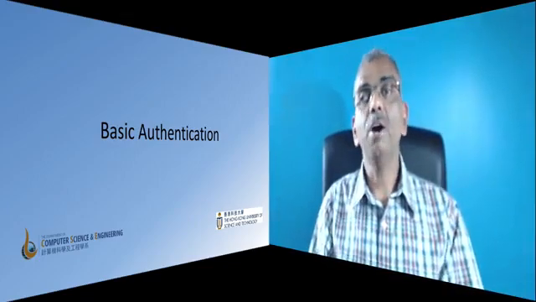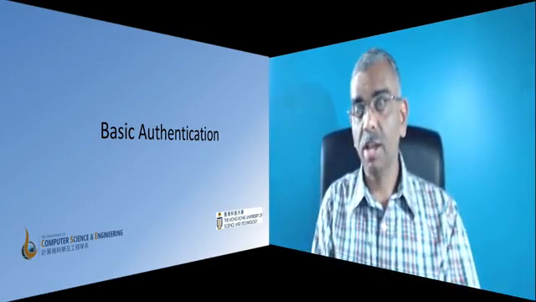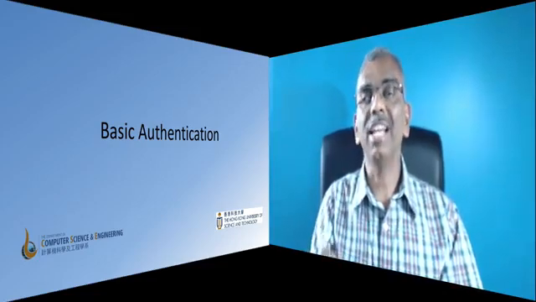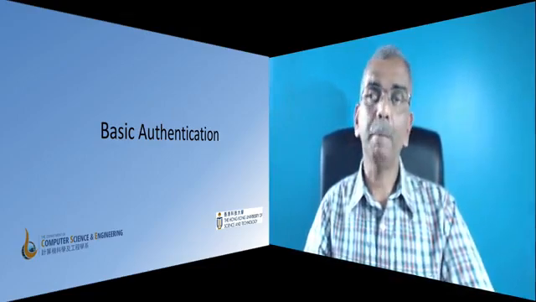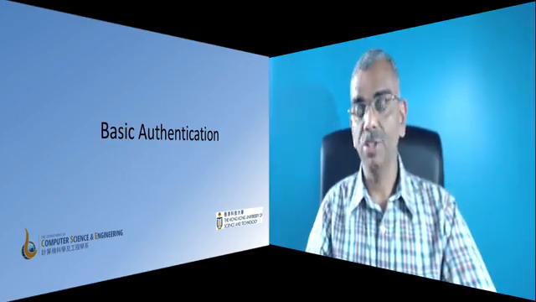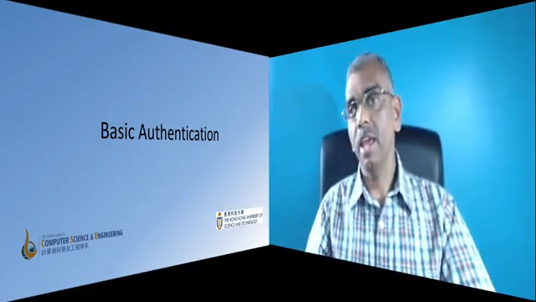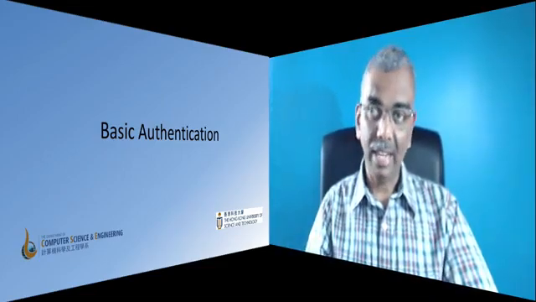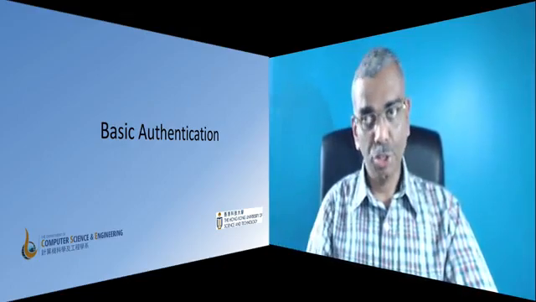We'll look at how we can authenticate users and then decide what kind of a user this client is. And then depending on the type of the user, you can allow the user to perform certain kinds of operations. We will start with the basic understanding of what we call basic authentication in a server side for a client, and then build upon that throughout the rest of this module.